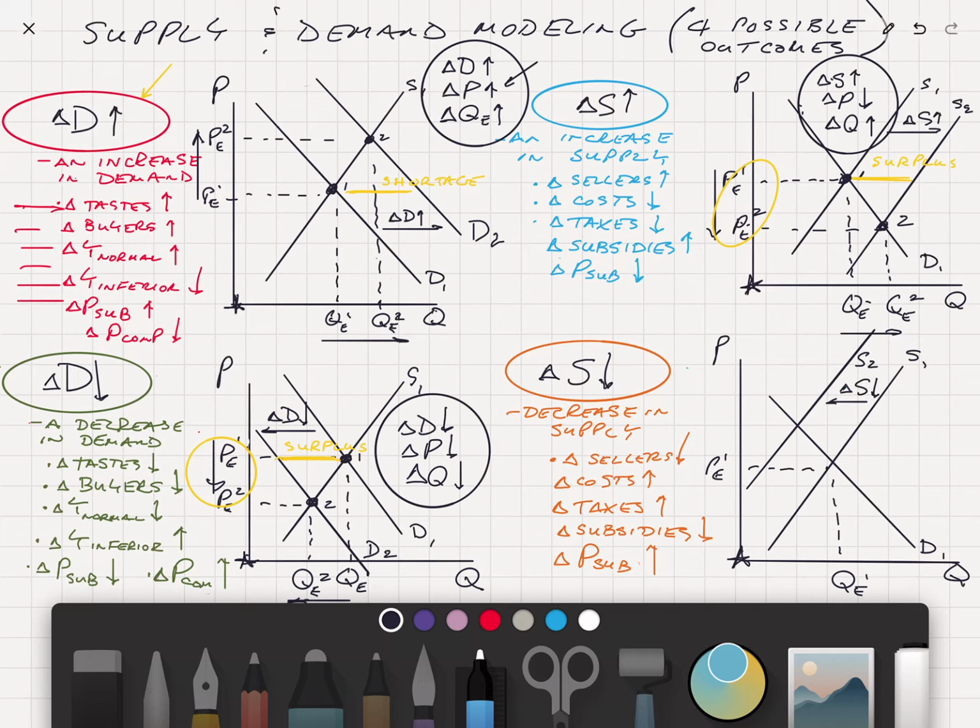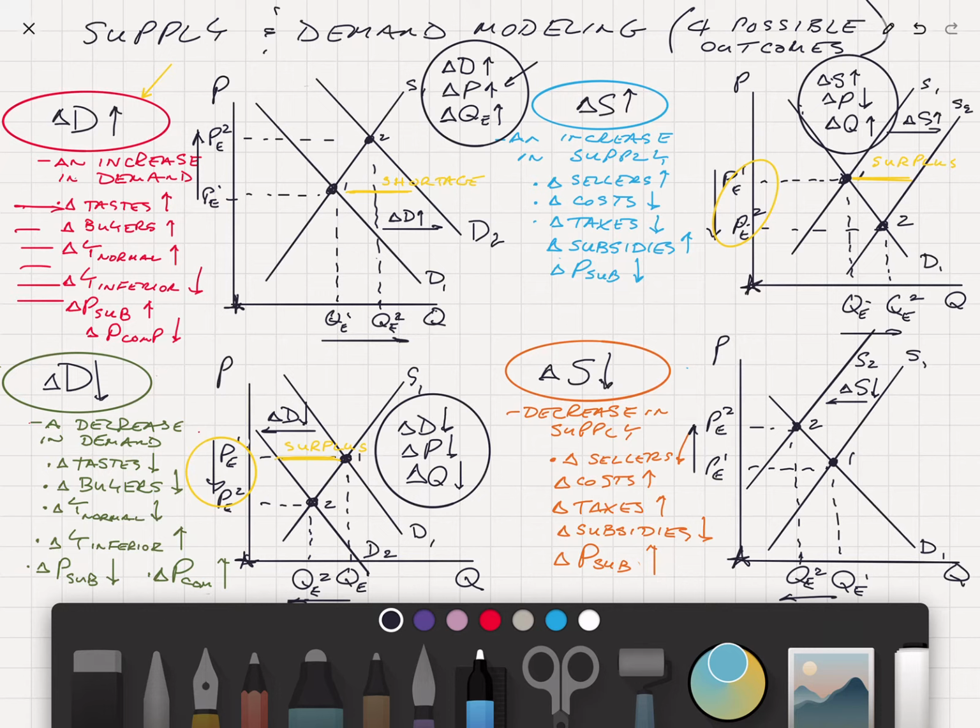You go from this initial equilibrium 1 to now this equilibrium 2, and you can clearly see that prices have risen and sales, or quantity, falls. Okay.